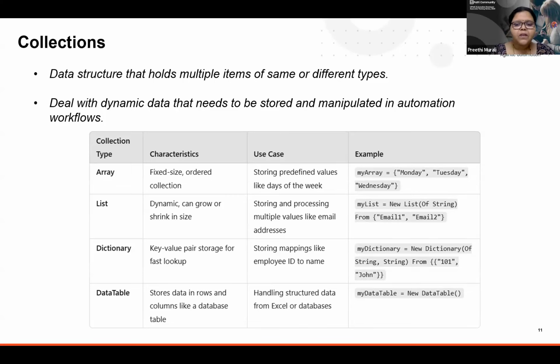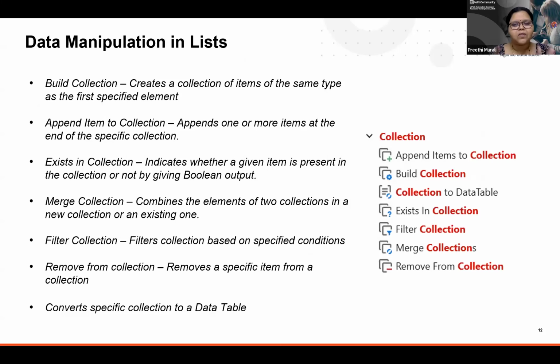Okay, so next, let me first introduce you to the list. There are lots of activities, and I'll try to cover whatever is possible in the list. First, we have to see how to build or create a list. Next, how to add an item to the list. Then we are going to check whether an item is present in the list or not using the existing collection.